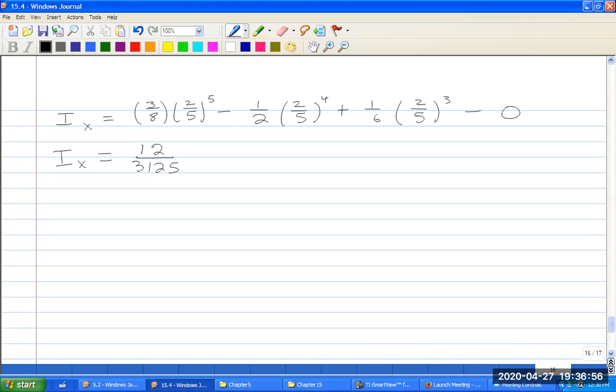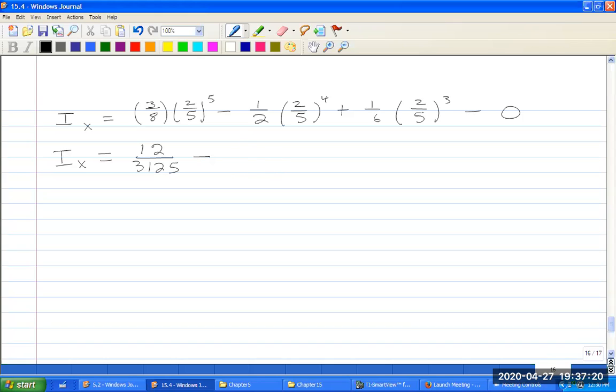Yeah, it is. 5 to the 5th is 3125. Okay. Minus 2 to the fourth divided by 2 is 8 over 625, which is 40 over 3125.